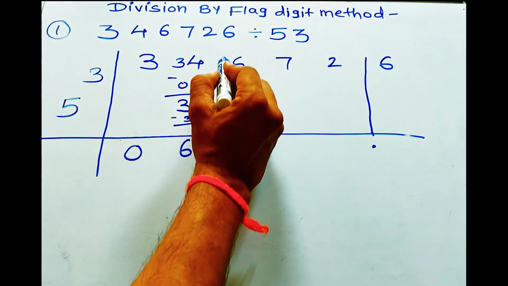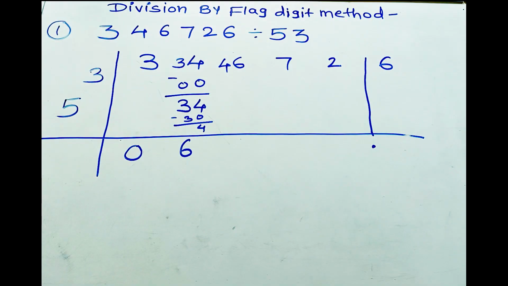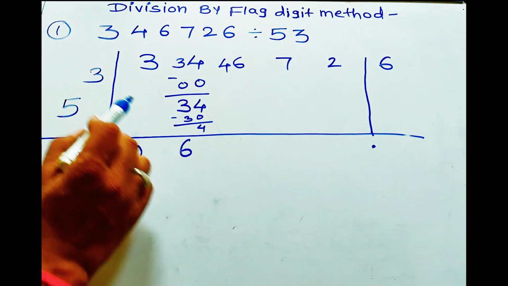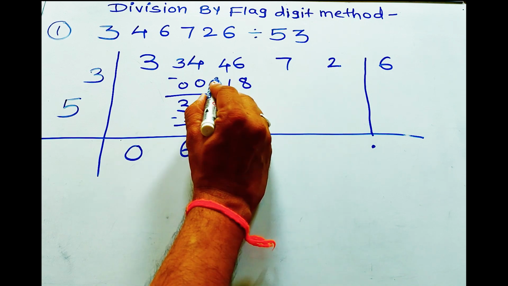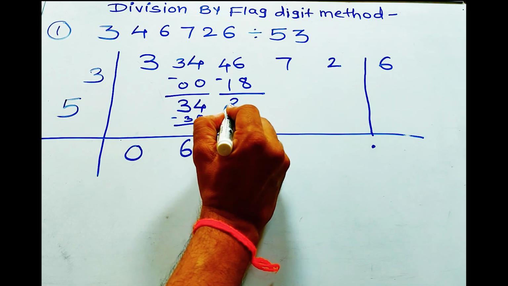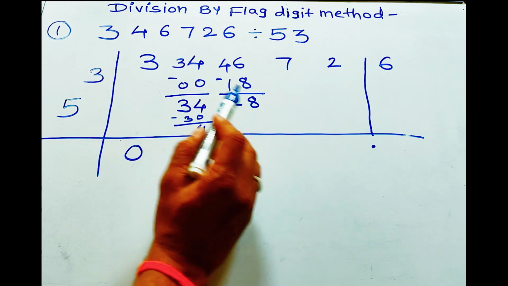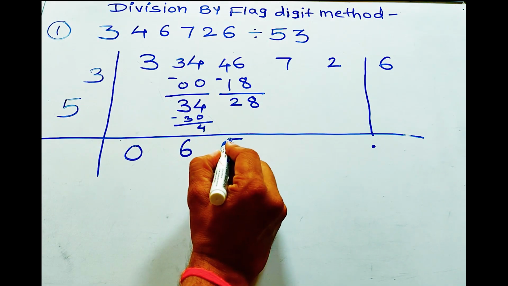This 4 we write here, that means 4 6, 46. Then again multiply 6 with 3. 6 3s are 18. Write 18 below 46. So 46 minus 18 is 28. After that this 28 divided by 5. 5 5s are 25.